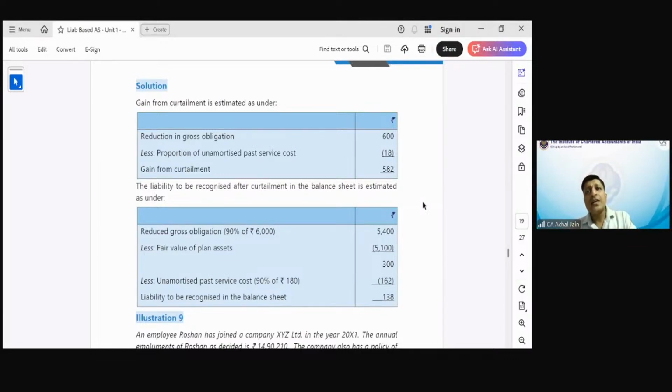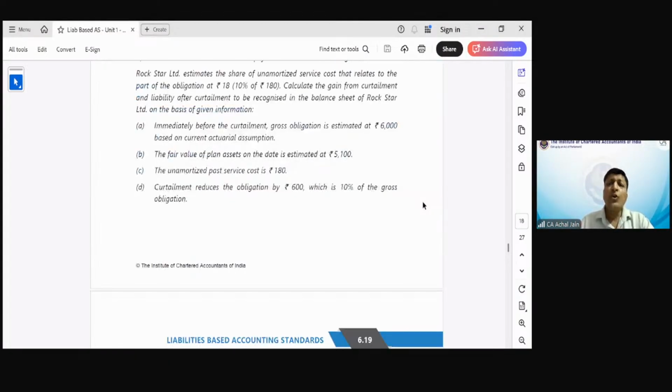So this asset also needs to be amortized over the period. Because this is unamortized, you also present the liability net of this unamortized cost. So the liability which will be presented in the balance sheet will be 138.